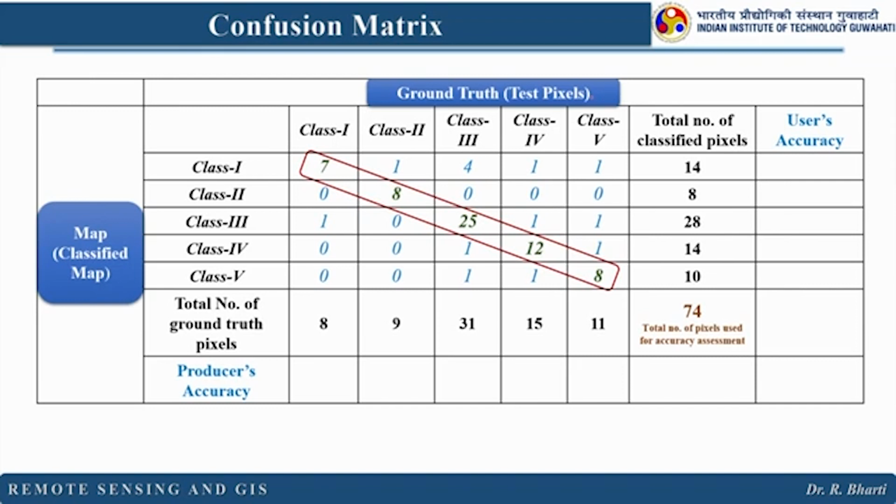The last column of this confusion matrix is for user's accuracy and the last row of this table is for producer's accuracy. So, if you intend to change this matrix, you have to reorient it maintaining this structure, right.